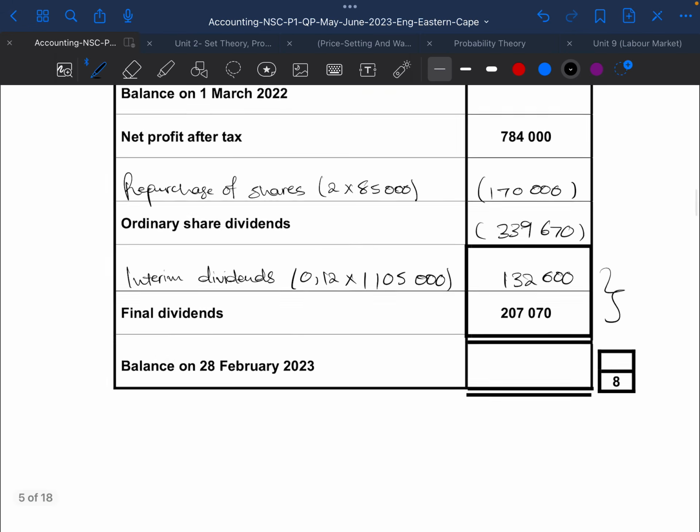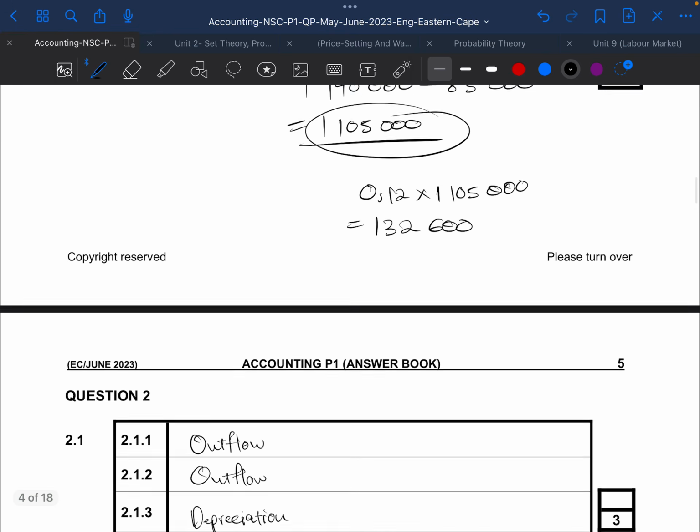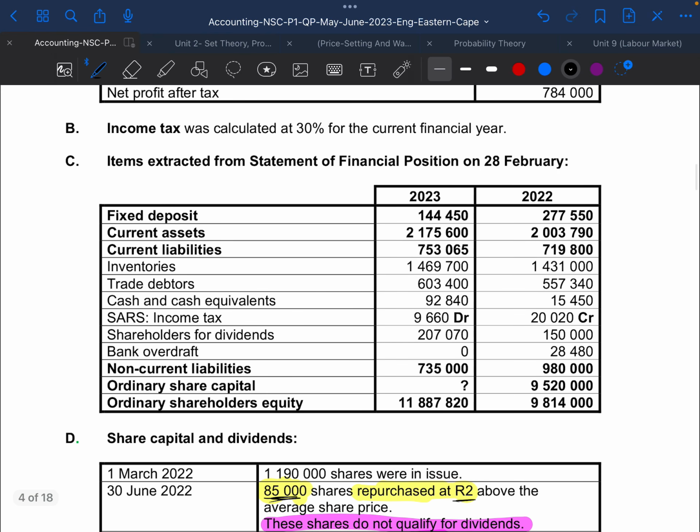Okay, so now we're supposed to get our balance on the 1st of March. And looking at our information here, information C, we are given our ordinary shareholders equity and our ordinary share capital, but we know that our ordinary shareholders equity is made up of our ordinary share capital and our retained income.